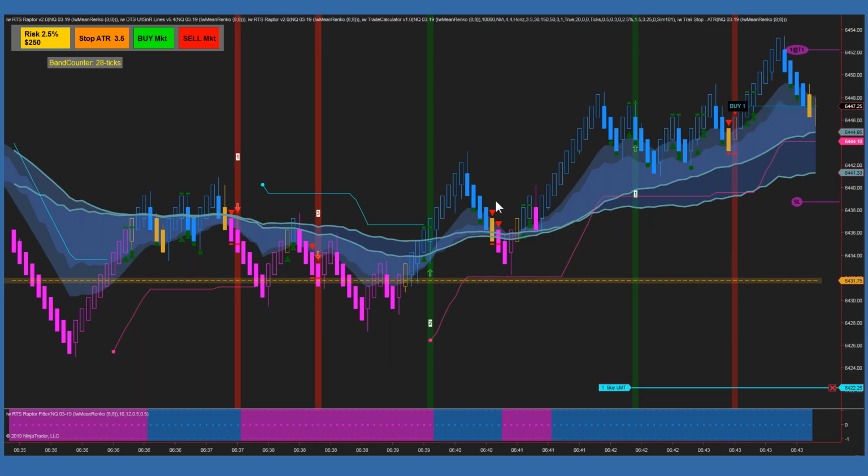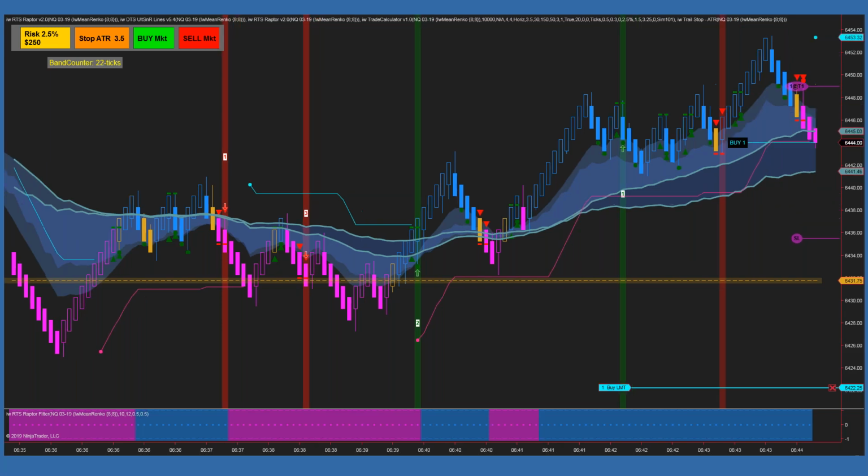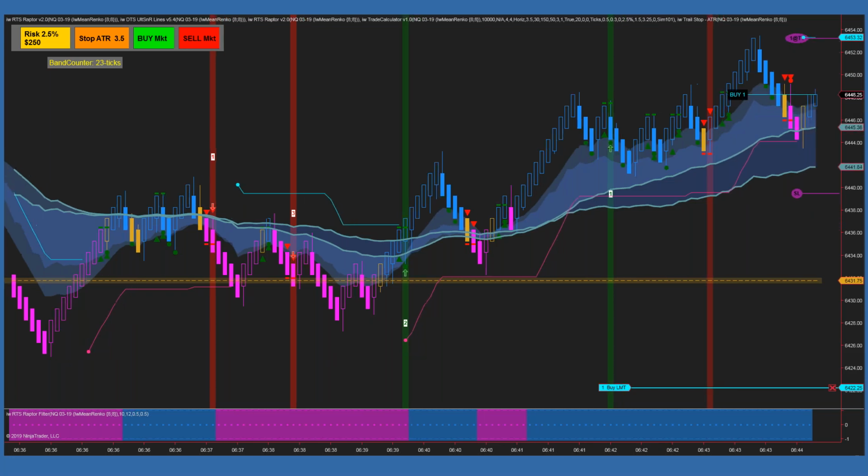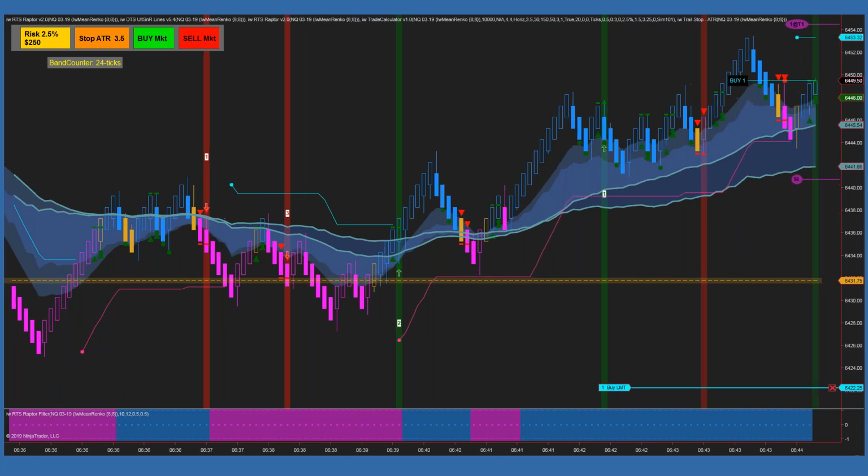So when NinjaTrader makes a little tweak to the software, it has this domino effect, and it screws things up. The trade calculator does not have those problems because it is an indicator-based program.